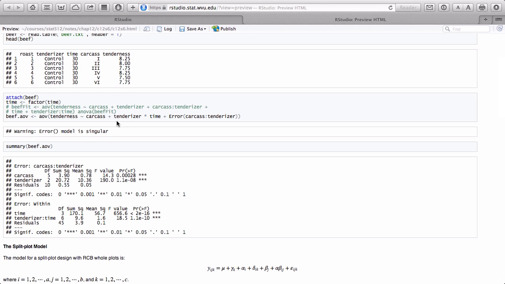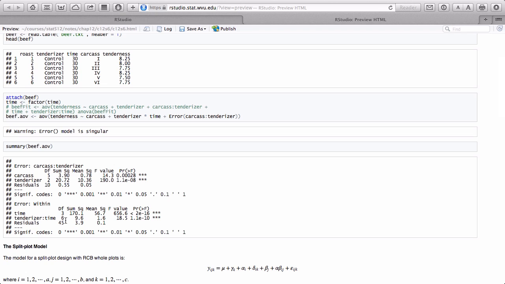Carcass has 5 degrees of freedom. If I multiply 5 times 3, I get 15, and if I multiply 5 times 6, I get 30. If I add 15 to 30, I get 45. So that residual is really 2 interactions: the interaction of carcass with time and carcass with tenderizer by time.